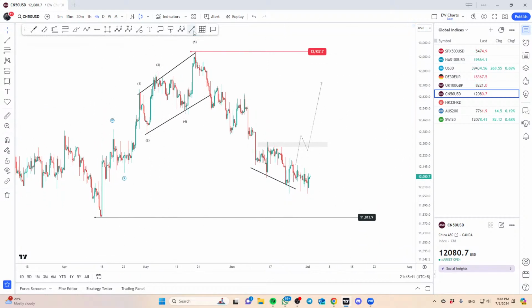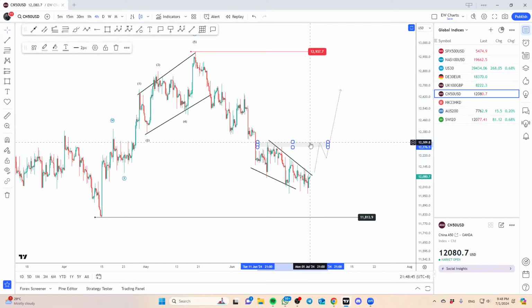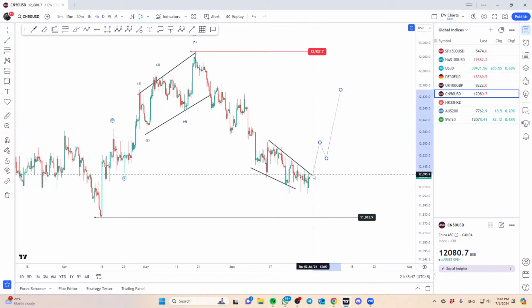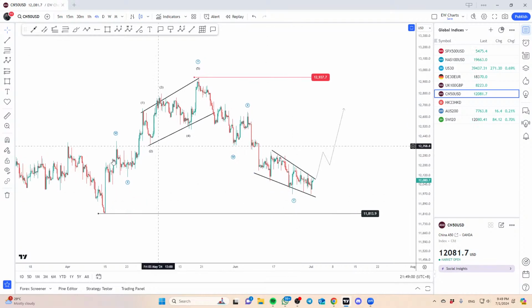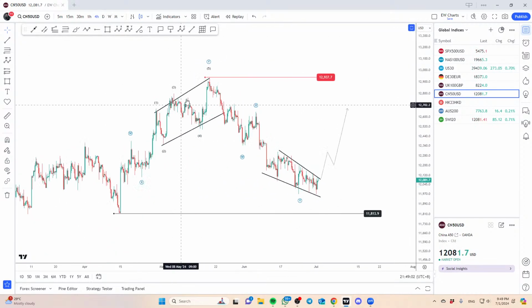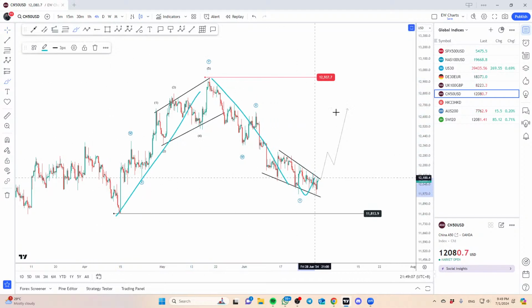China A50, it's likely a crawl now, pretty clear in terms of structure pattern. Okay, so if you can get an impulsive break to the upside, that would open up a buy trade opportunity, right? So this may build into, right, structurally. Okay, look at it from this angle. 1, 2, 3.